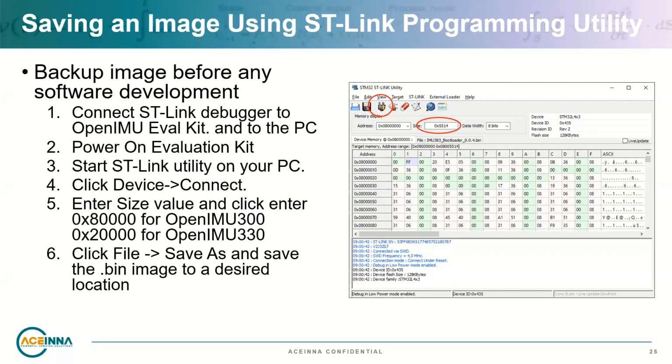Depending on the OpenIMU device you're using, there will be a different image size. So as you can see for the OpenIMU300, which I have connected at the moment, there's a different image size to the OpenIMU330. And I'll just demonstrate this now.